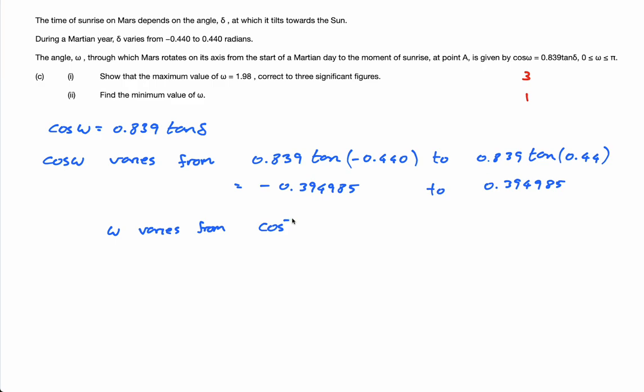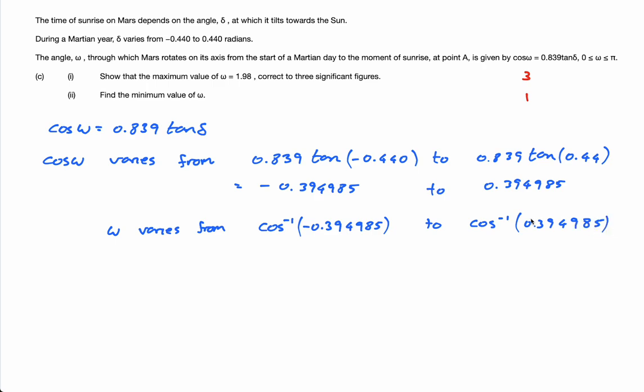this. Arc cos of negative 0.394985 to arc cos of 0.394985.